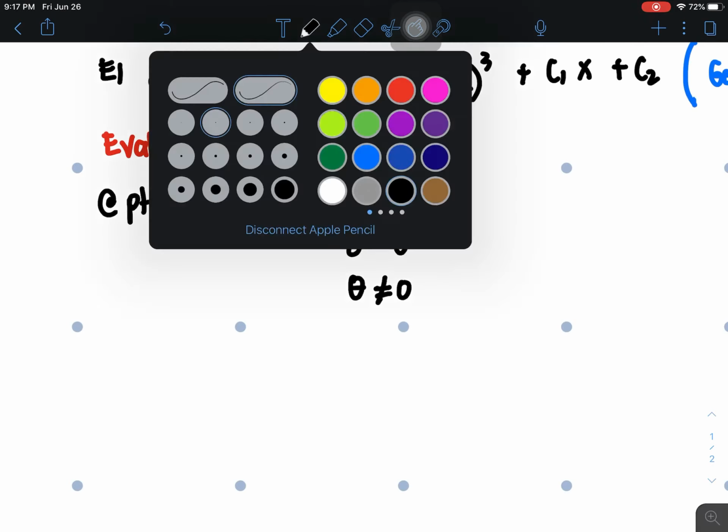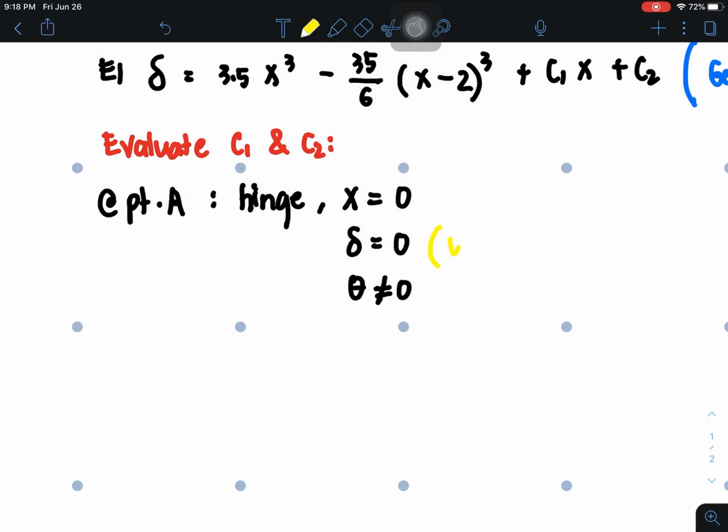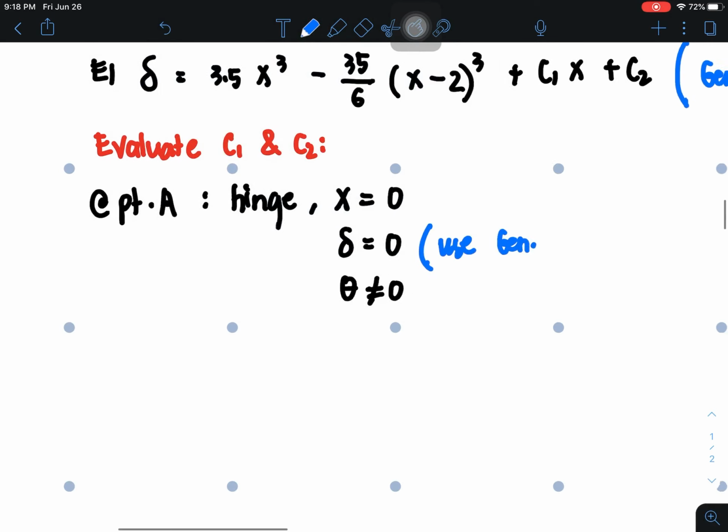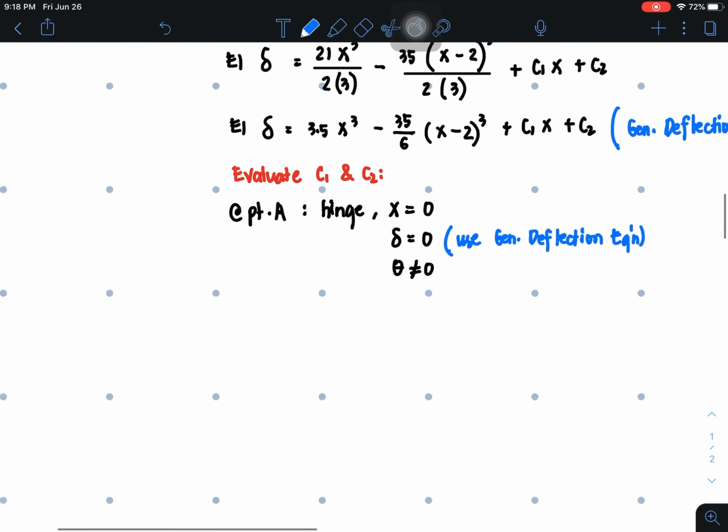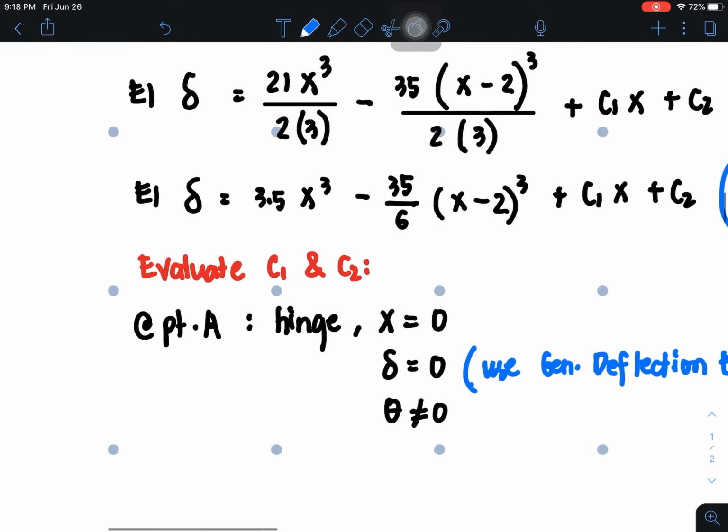Meaning, we are going to use the general deflection equation with this value. So what is our general deflection equation?